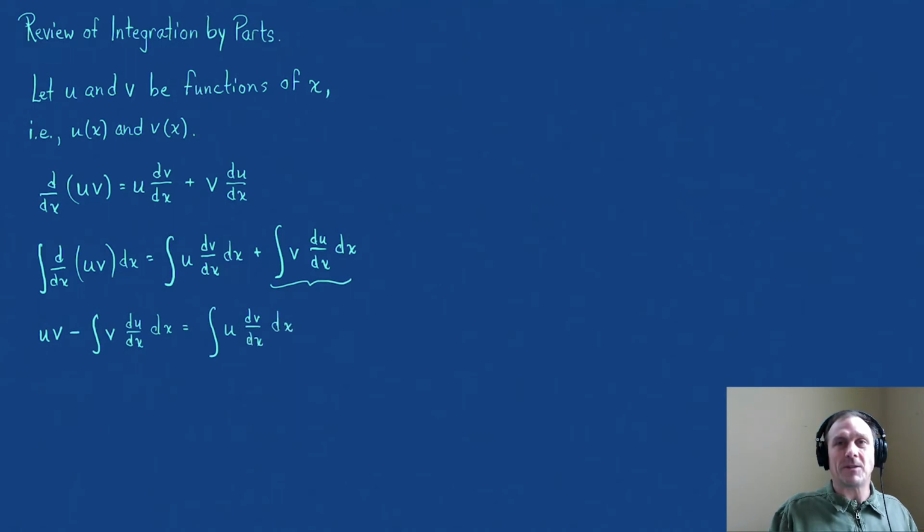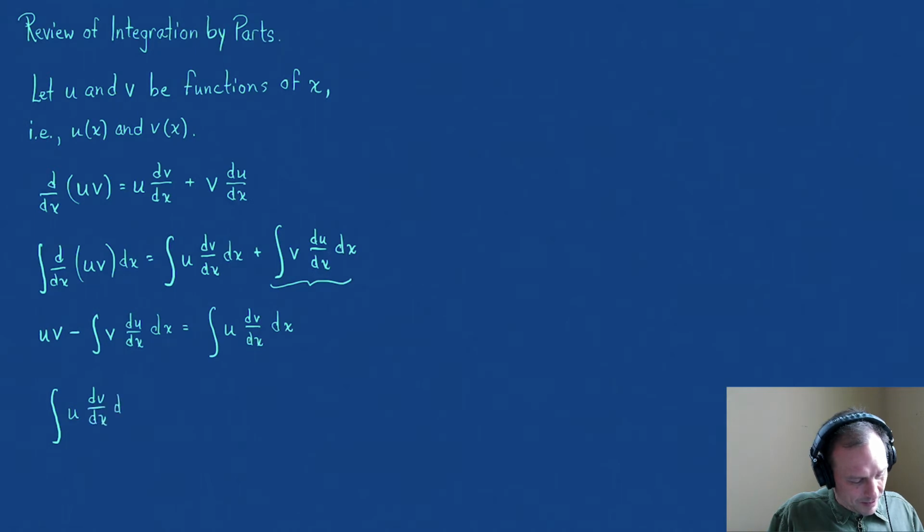And it's commonly written the other way around as the integral of u times dv dx is equal to uv minus the integral of v times du dx.